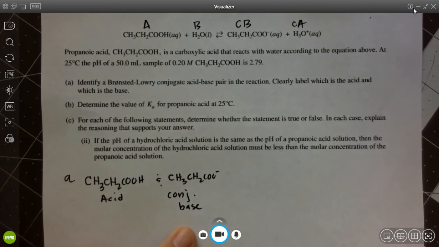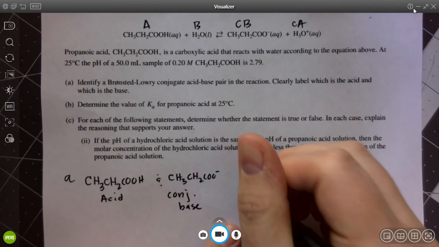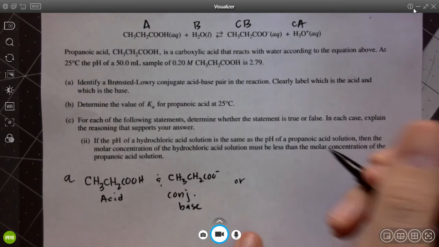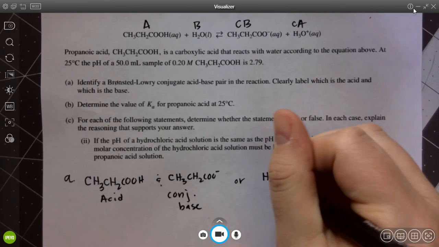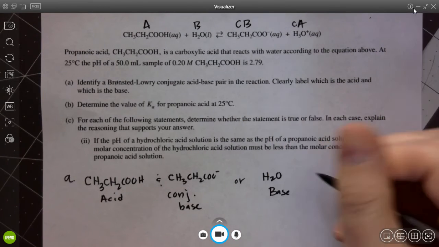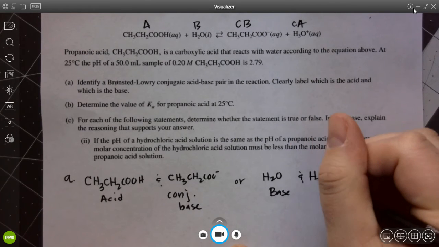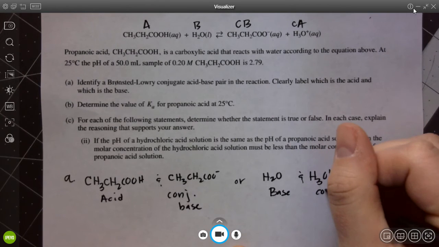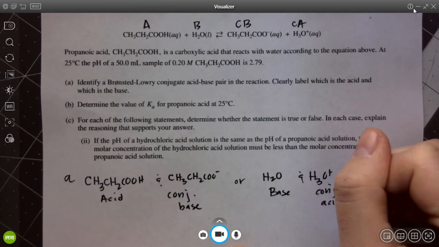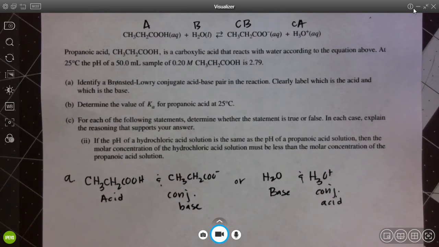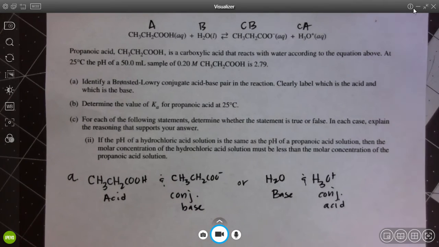So that is one pair, which would be worth 1 point. The other option, you don't have to put both, but know that they're both correct: you could put H2O as your base and H3O plus as your conjugate acid. Both of those would be fine, and you have to label them to get those points. So that is question A.